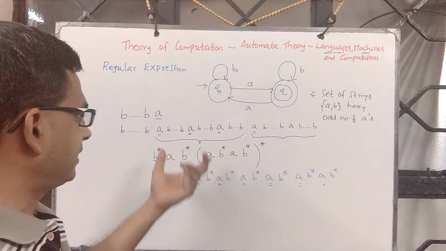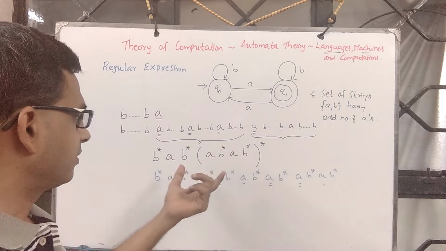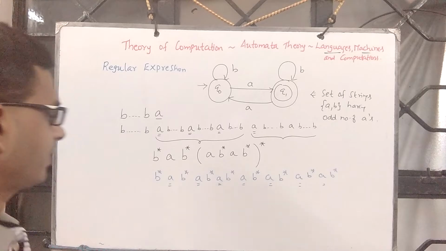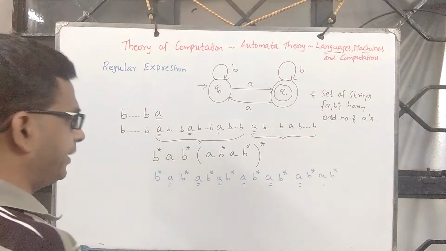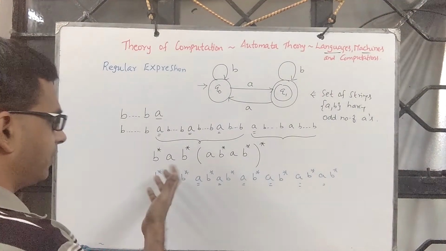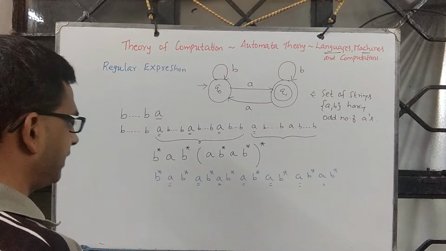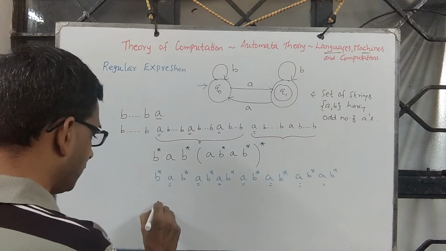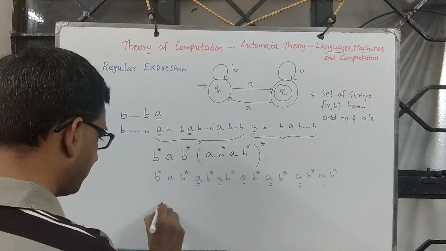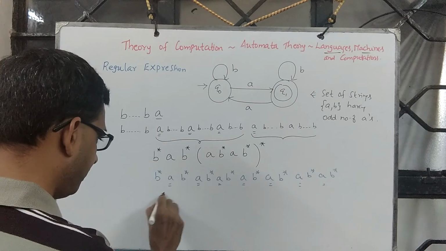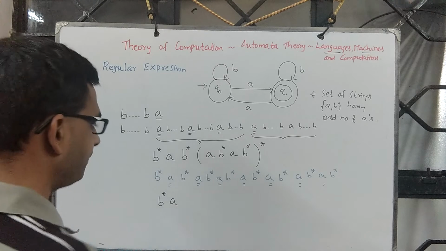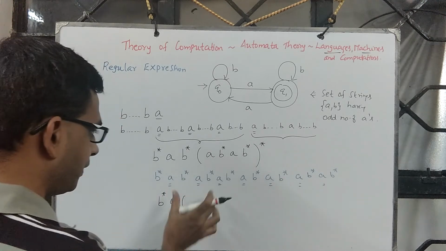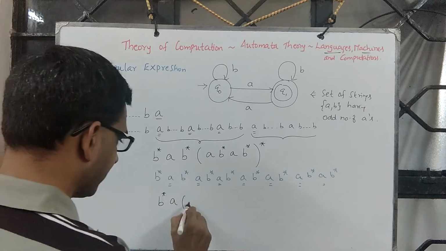So if you pay attention to the pattern, one can get things like this. One can also fine tune this, or one can also come up with different expressions for the same thing. So the same thing can also be visualized as B star A. After that, you look at which pattern is repeating.